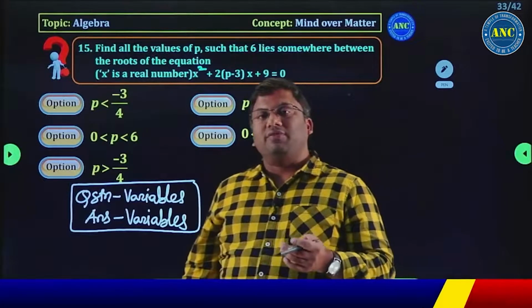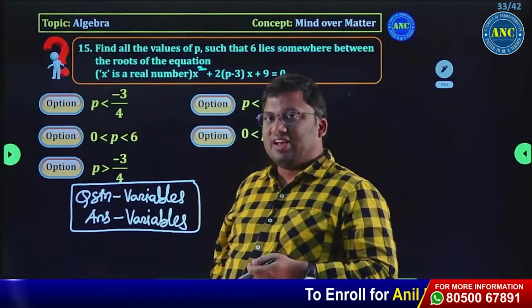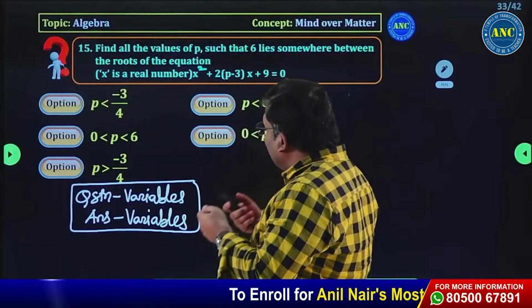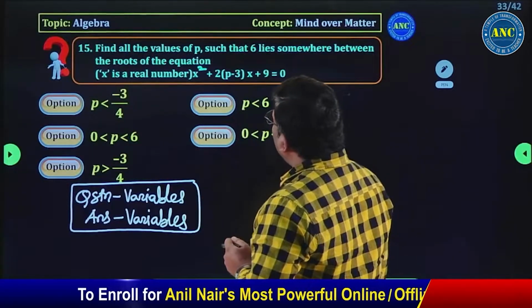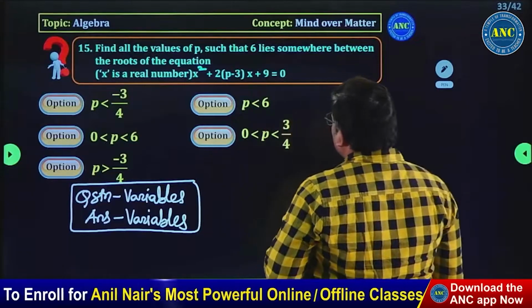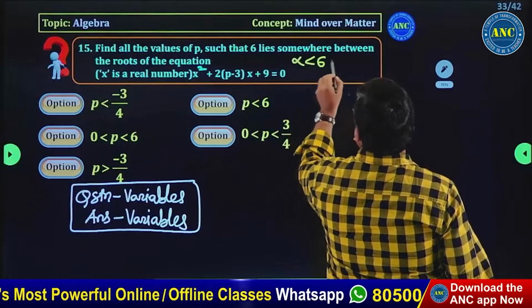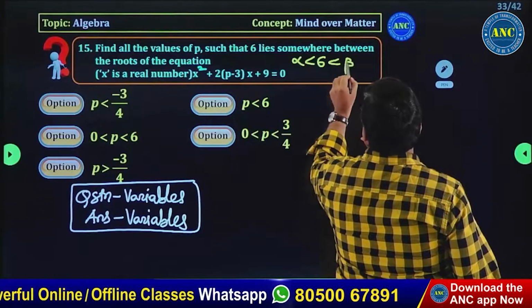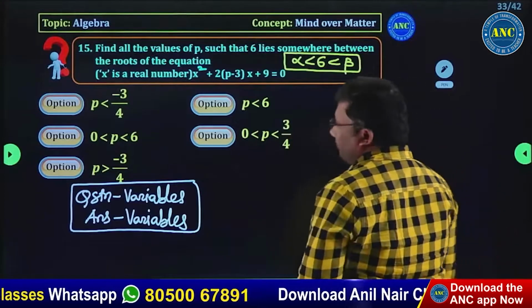The idea is to give you familiarity across multiple concepts of questions, right? Every class should give you a lot of new concepts. Question is, find all the values of p such that 6 lies somewhere between the roots of the equation. If the roots are alpha and beta, 6 lies between the roots of the equation.